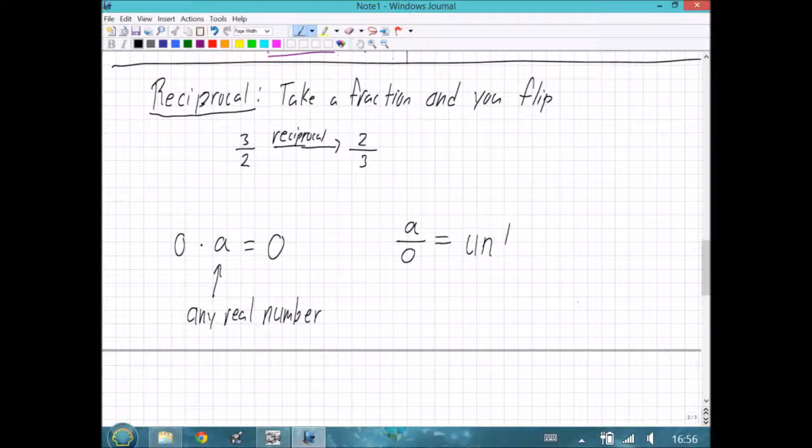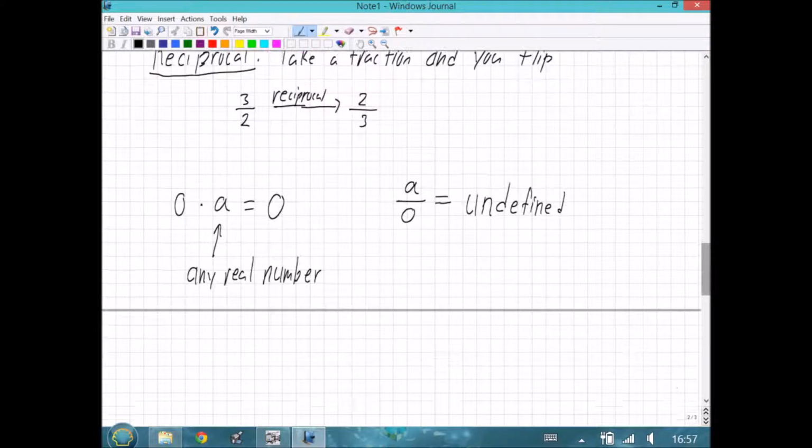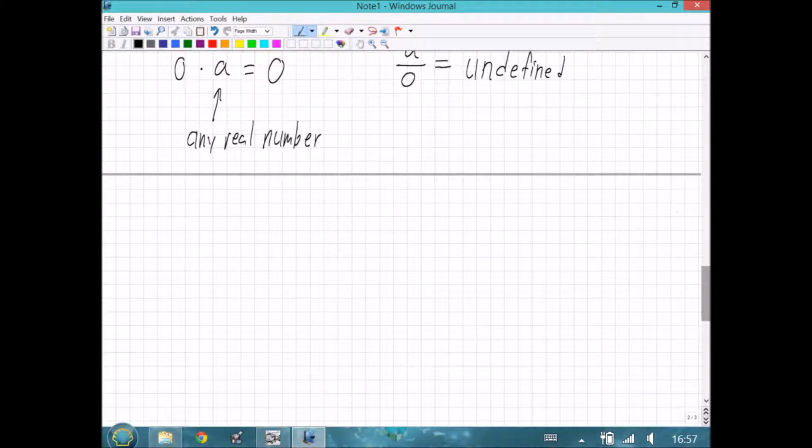So if we see a divided by 0, or any real number divided by 0, we call it undefined. So if we take 0 and we take its reciprocal, we end up with something that's undefined.